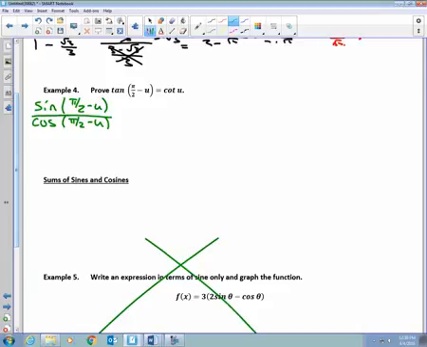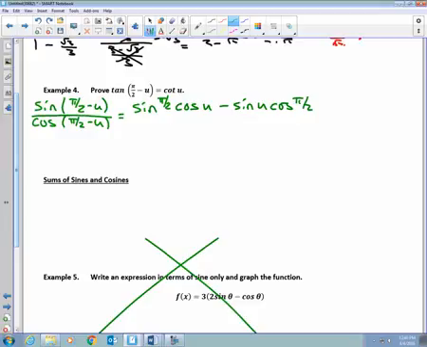Remember the difference formula for sine? We said sine of the first angle times cosine of the second angle. And if it's minus here, it's minus there. And then we switch them. We do sine of the second angle and cosine of the first angle.